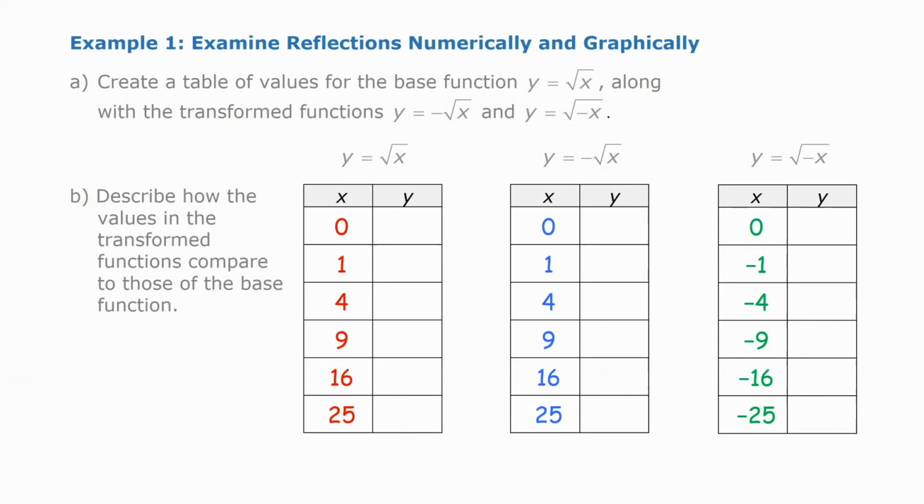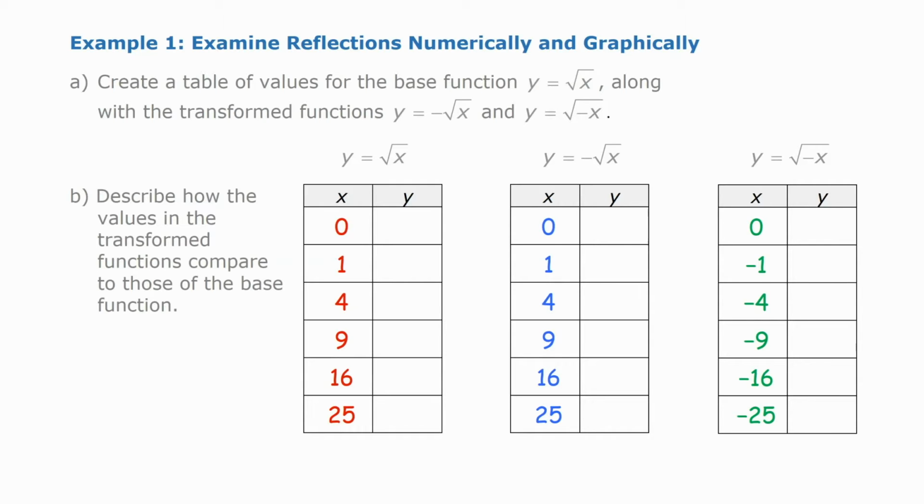We're going to look a little more closely now at reflections of functions, numerically and graphically, or in other words, with tables and with graphs. We're going to use as our base function here the basic square root function, y equals square root of x, which you may or may not have seen before, but I think you'll recognize some of the numbers involved in this first table here. And then we're going to make two changes to it.